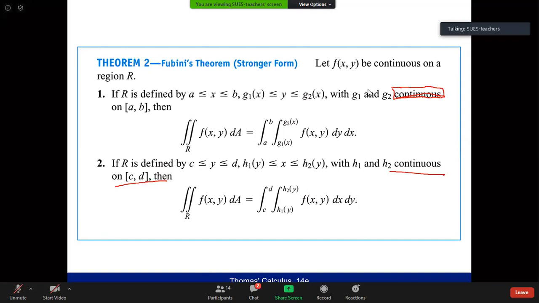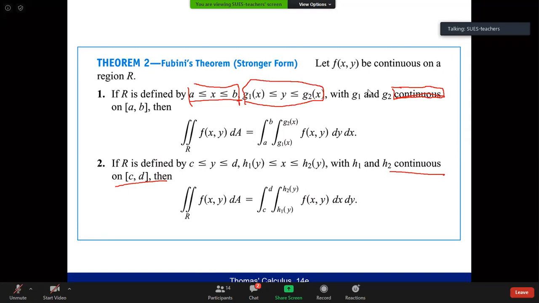However, in this general region, the stronger form of the Fubini theorem, you define one variable first, and then the other variable has its integral range defined by the first.